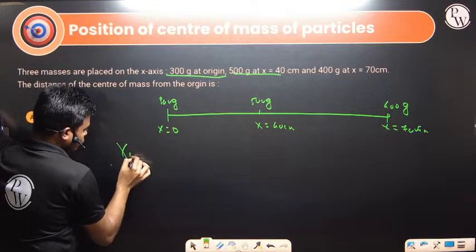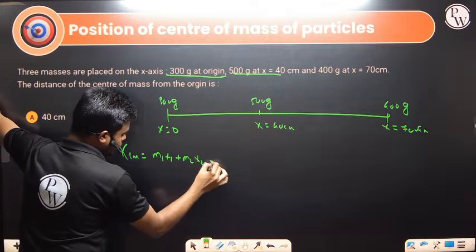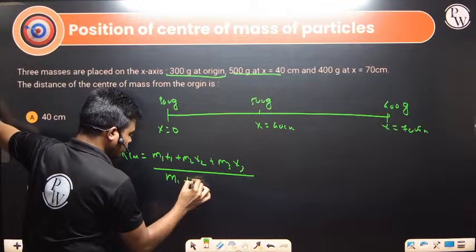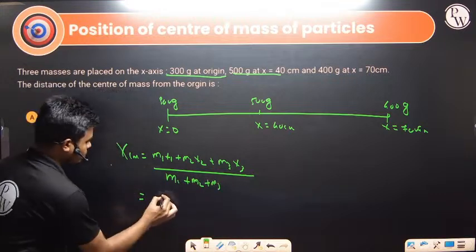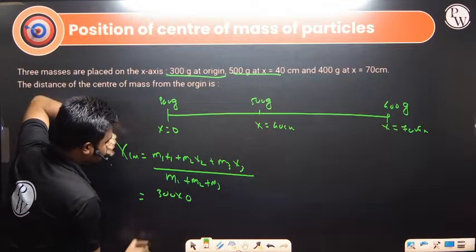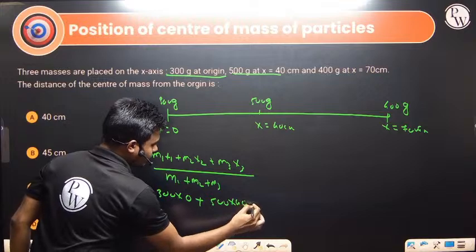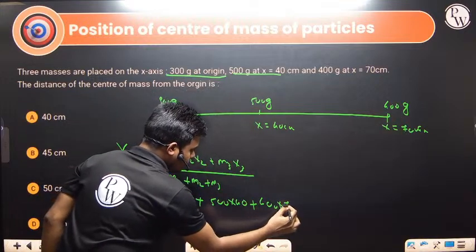So what is the XCM formula? XCM equals (m1 x1 plus m2 x2 plus m3 x3) divided by (m1 plus m2 plus m3). Putting in the values: 300 multiplied by 0 plus 500 multiplied by 40 plus 400 multiplied by 70, divided by total mass.